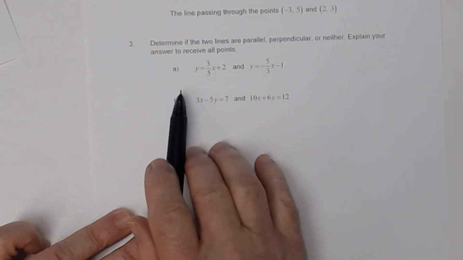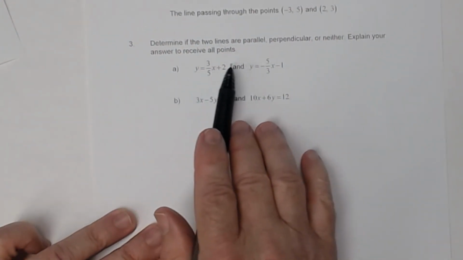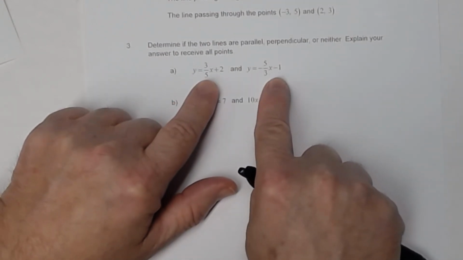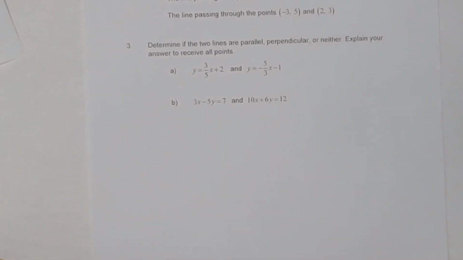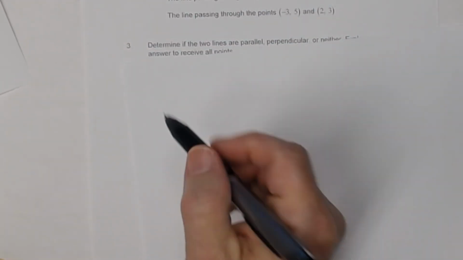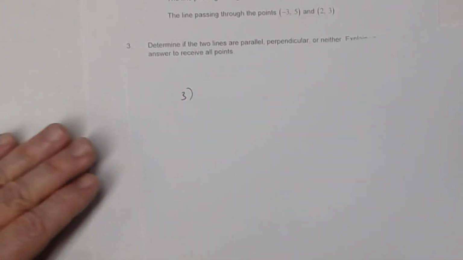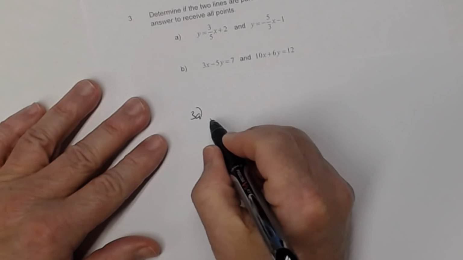Now 3A, notice that these two lines here are already in slope-intercept form. So since they're in slope-intercept form, it'll make things a little bit easier for us. So let me go ahead and write this out. This is 3A.